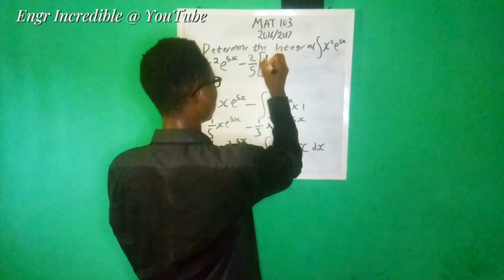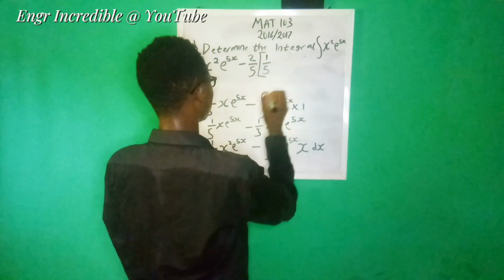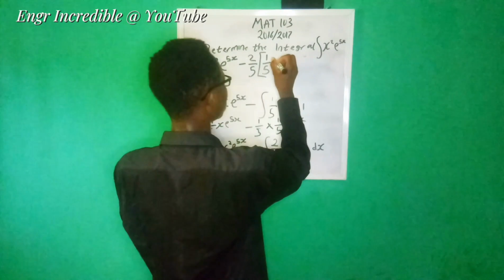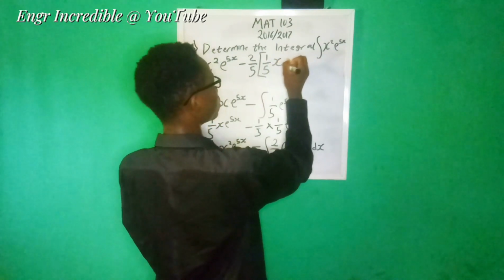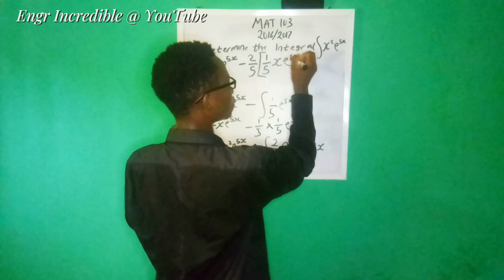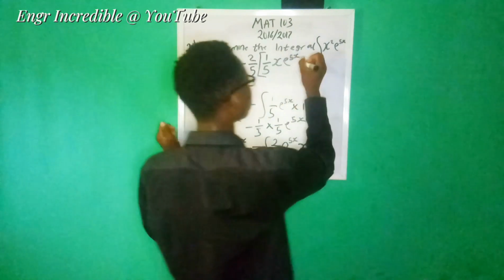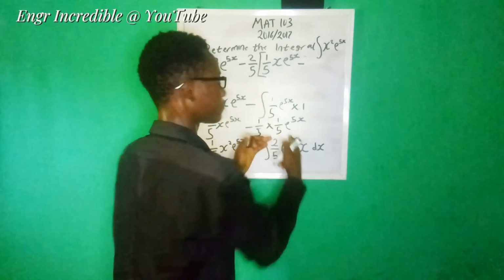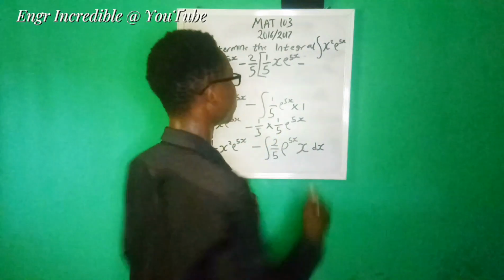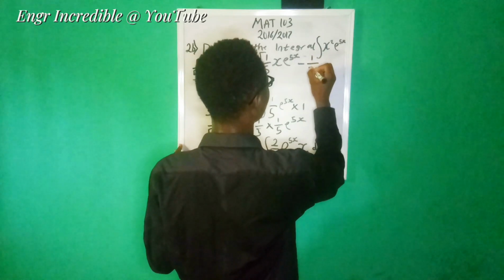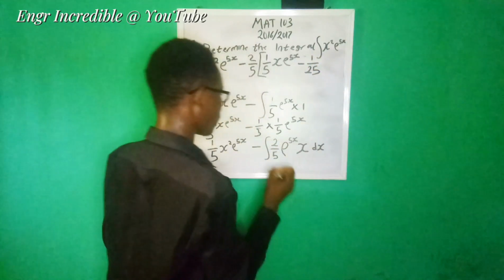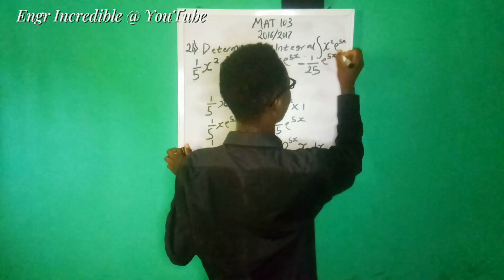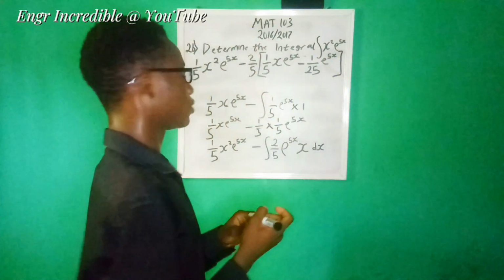We have times 1 over 5x times e raised to power 5x minus, we have 1 over 5 times 1 over 5, that is 1 over 25, minus 1 over 25 times e raised to power 5x. So this is how it will be.